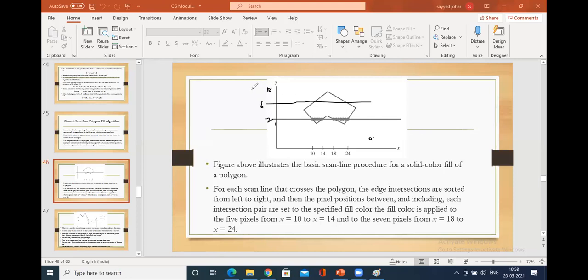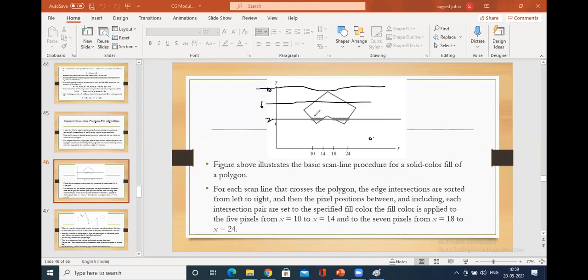At each interval, y goes up by a unit interval, whereas x goes on changing. This x is different, this x is different. That is, the pixel value at the x interval goes on changing, whereas y remains the same.